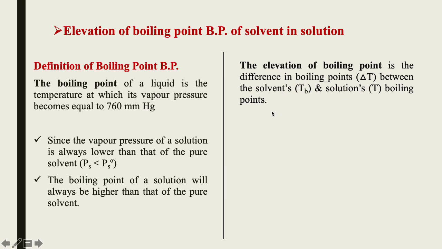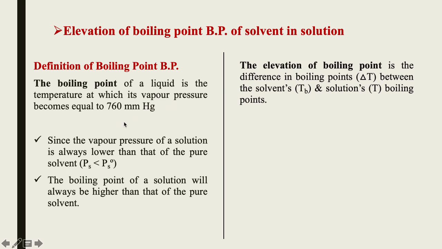So consider you have water, and you add 10 gram of sodium chloride into 1 kg of water, and if you boil that solution, you will get the boiling point T. The difference between these two boiling points will be considered the elevation of boiling point.